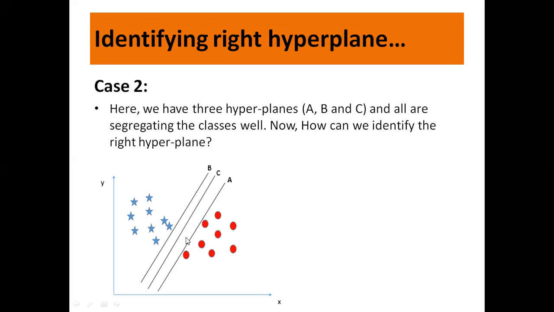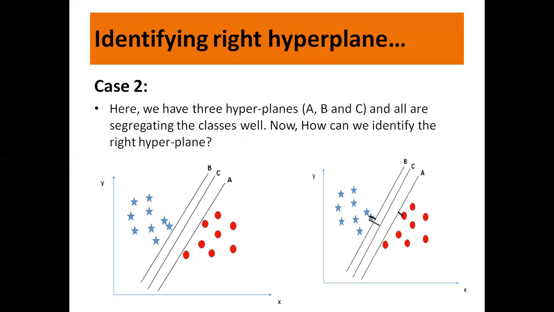So what we need is to maximize the distance between the nearest data points of either class and the hyperplane, and that will help us decide the right hyperplane. The maximum margin between these two classes will give us the right hyperplane. The distance is called the margin, and let's look at how it can be done.